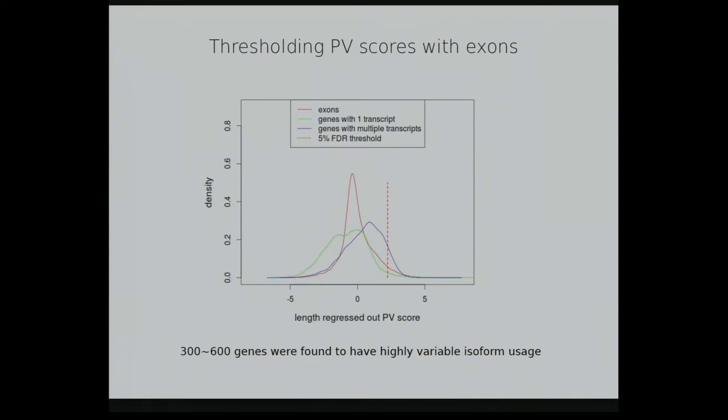So this gives a way to extract genes which have significantly highly variable isoform usage. With this criterion, we get a few hundred genes from each of the data sets that I've shown in a previous slide.